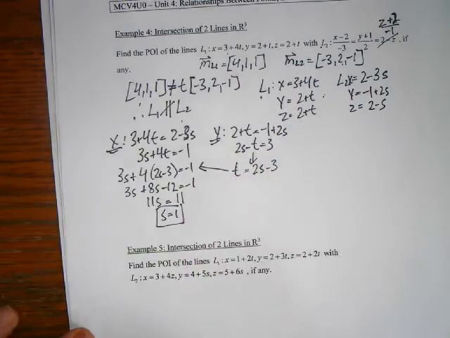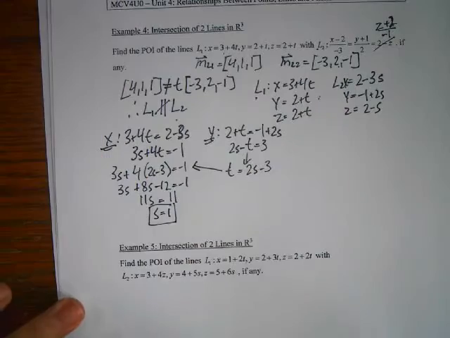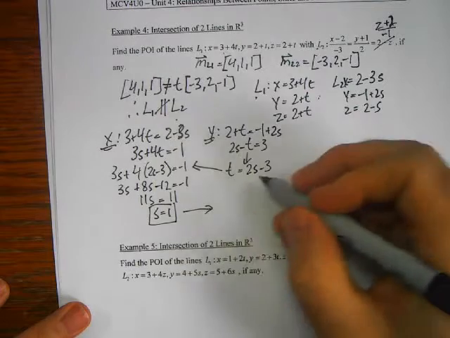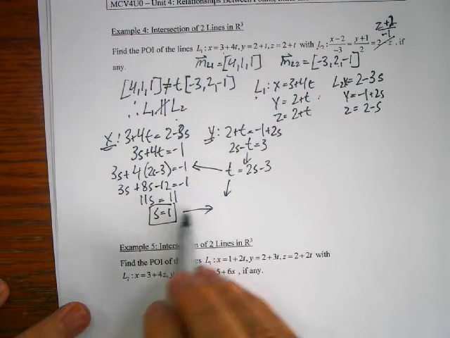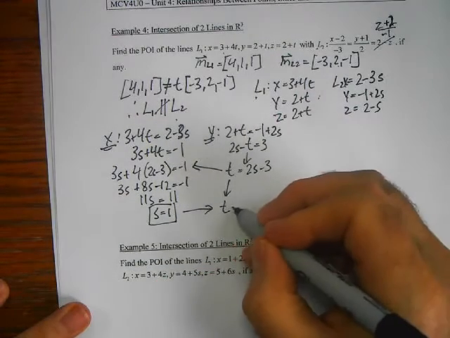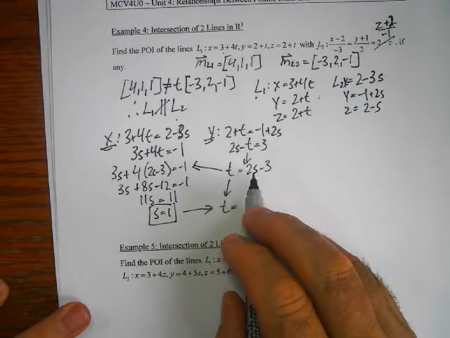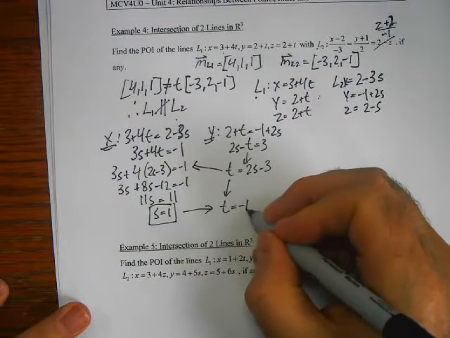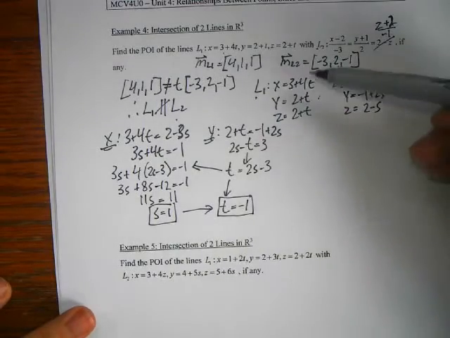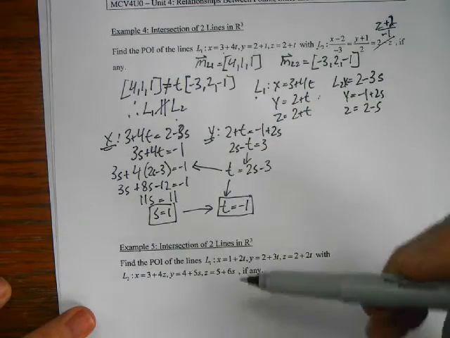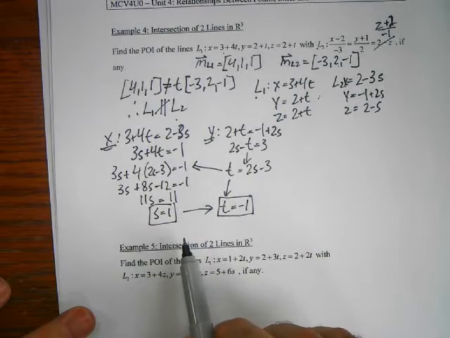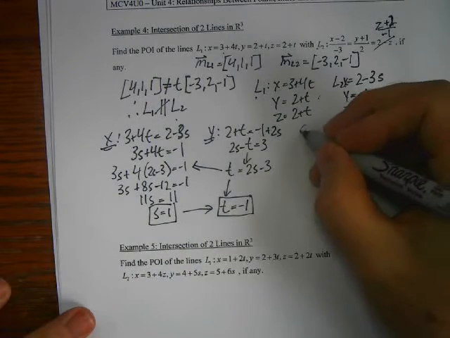Now I can take that value of s and plug it into here, so t would be equal to 2 minus 3, so that's a minus 1. So we've got values of s and t that work for the x and y coordinates. That doesn't mean that these are the correct values. We now have to check the z coordinate.